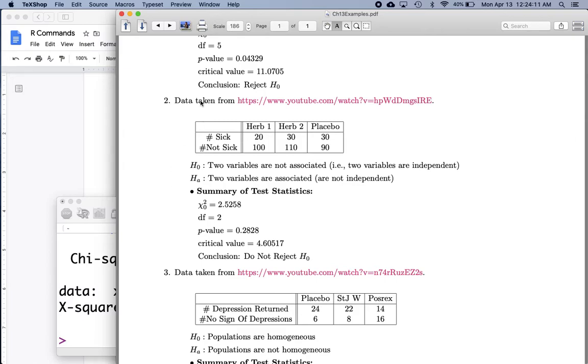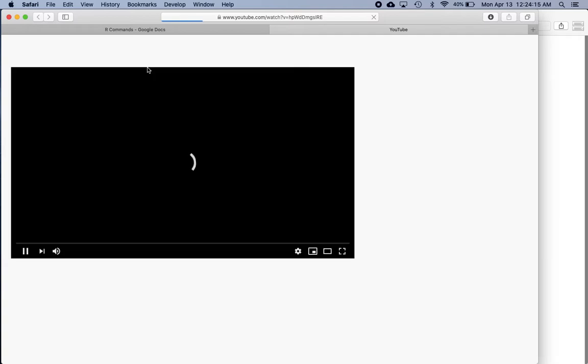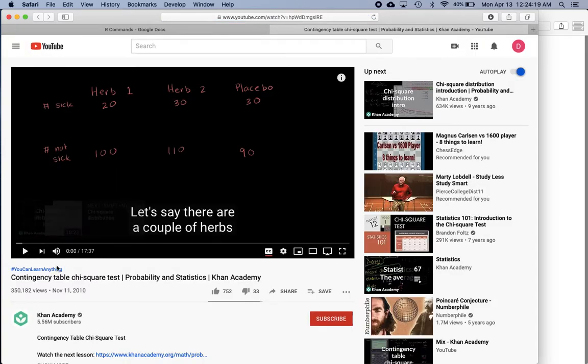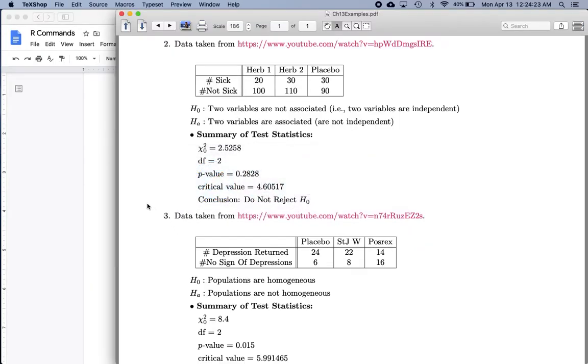Also, number 2, so this is data taken from the second video. This is the video on the contingency tables. For number 2 and number 3, for the contingency tables and for the chi-square test of homogeneity, you have to input your data as a matrix. So I'll show you how to make a matrix.